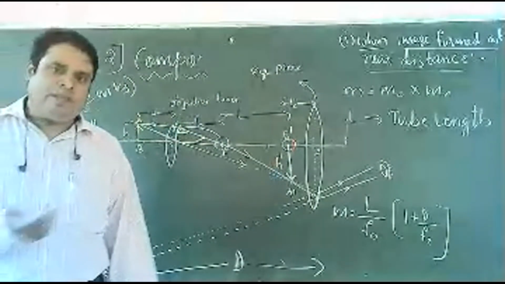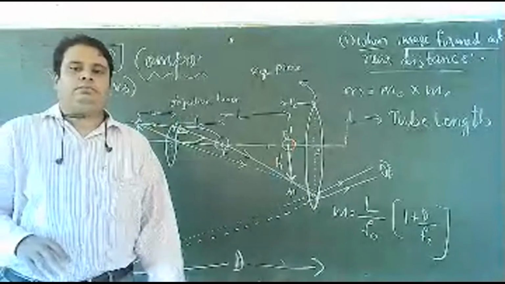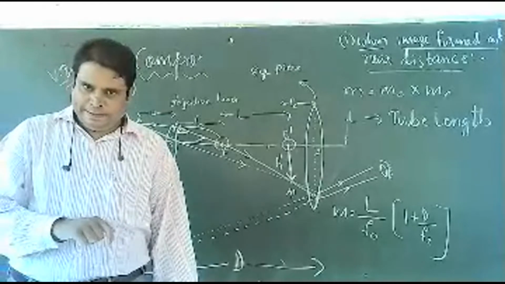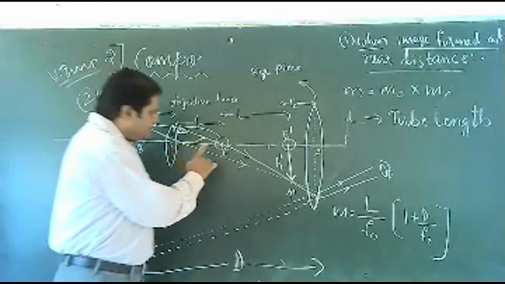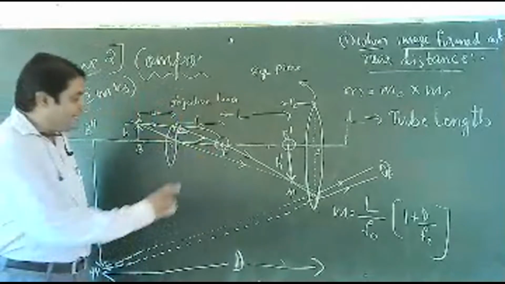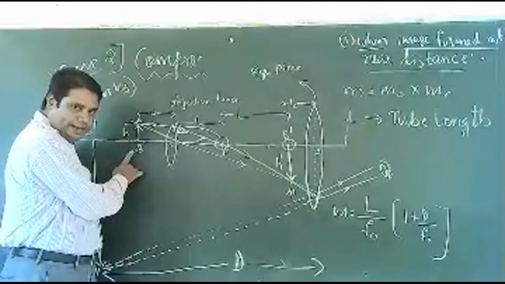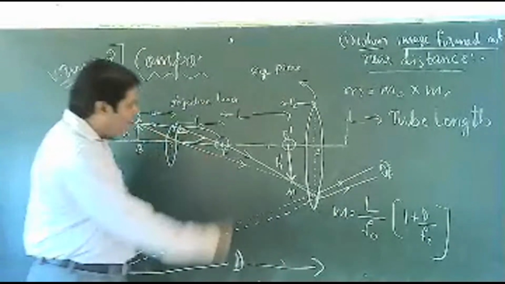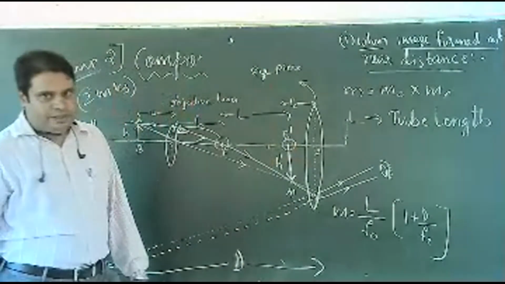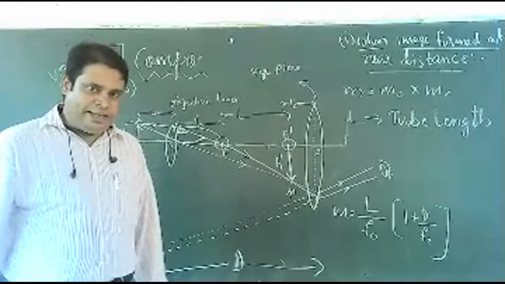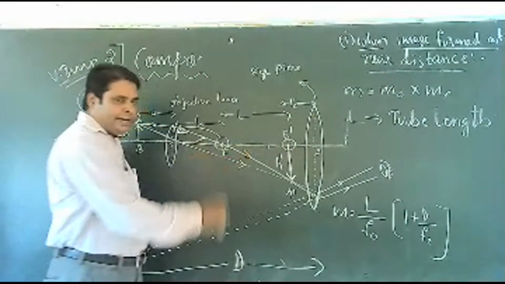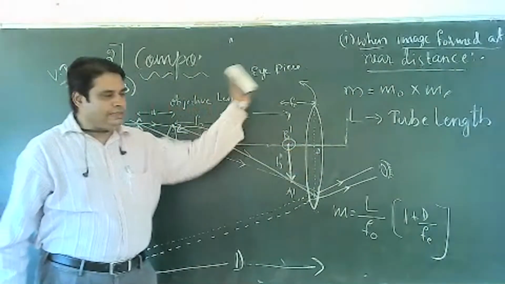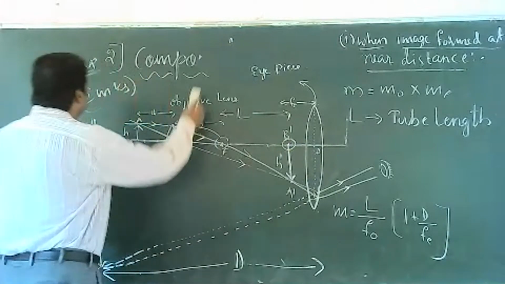Let me repeat. Tube length in case of your compound microscope is the distance between the second principal focus of objective to the first principal focus of eyepiece. Please remember that. Okay? Fine.